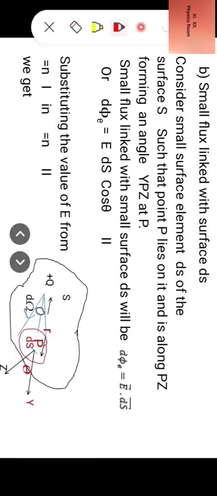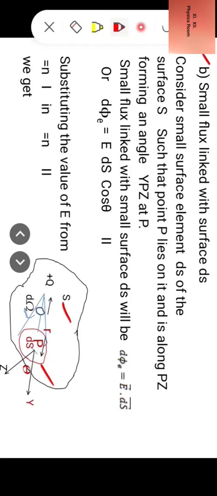Now B part. Small flux linked with surface dS. Consider a small surface element dS of the surface S such that point P lies on it and is along PZ.